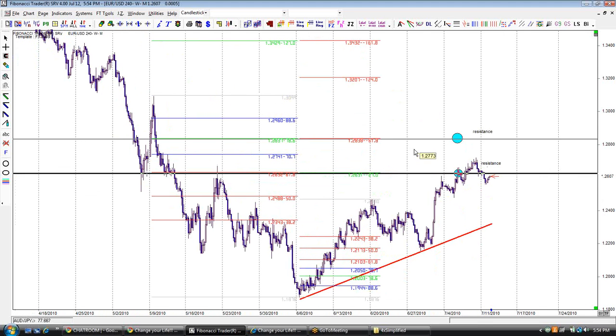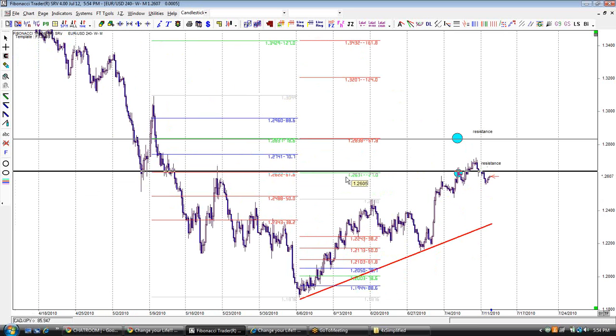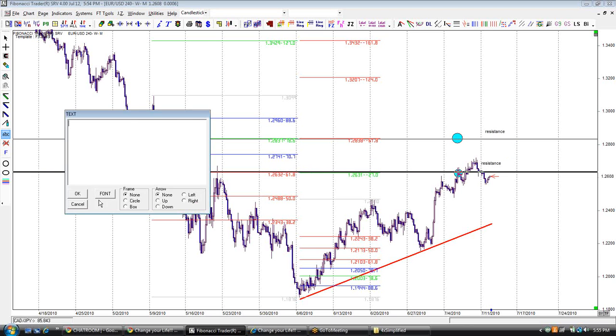What we see is here we have the 618 with the 127 convergence. This is at 126.30. Also we have another convergence all the way up at 128.30. So those are our two resistance levels at this time.